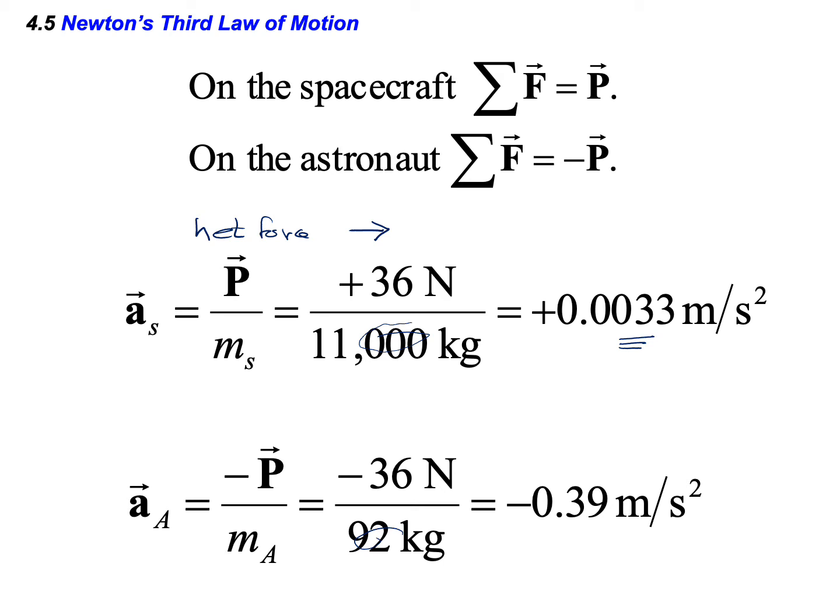So you can compare these two accelerations magnitude-wise. You will see that when you apply a force, the astronaut will be pushed in this direction because of the force by the spacecraft on the astronaut.